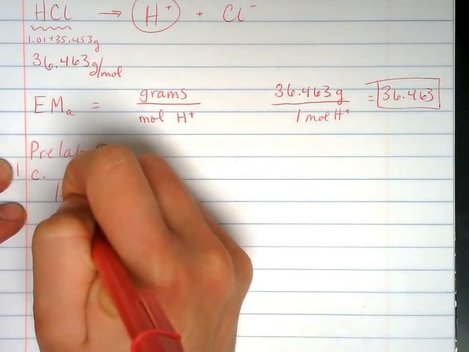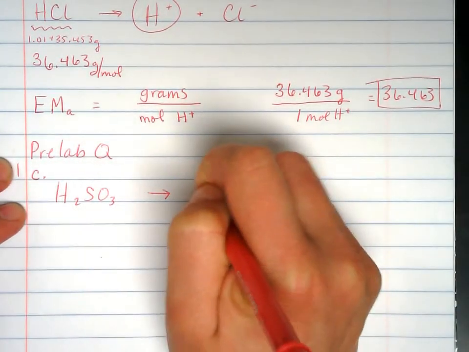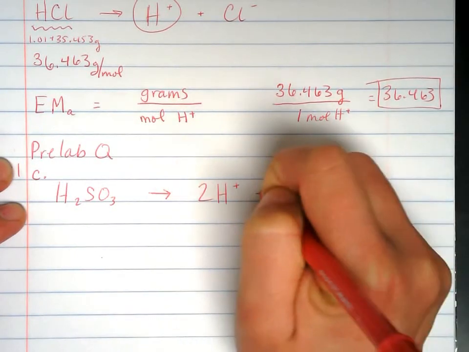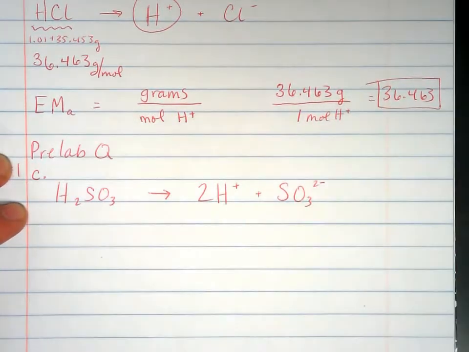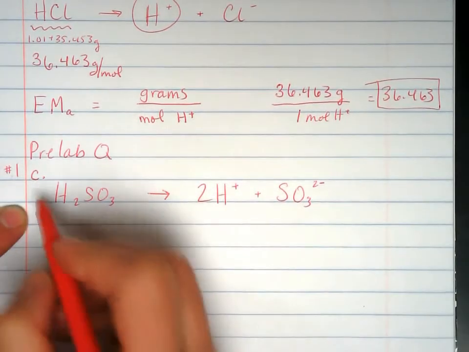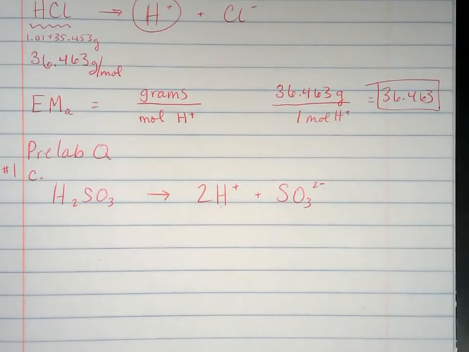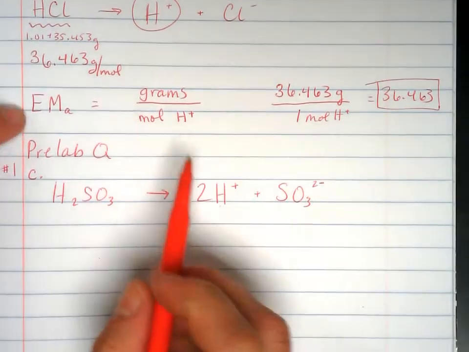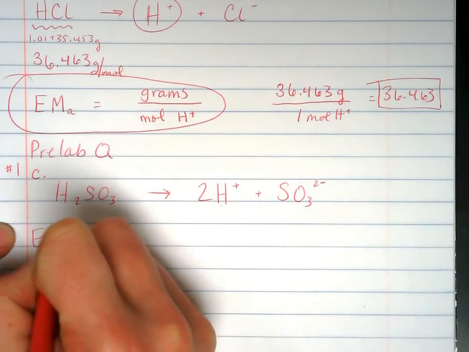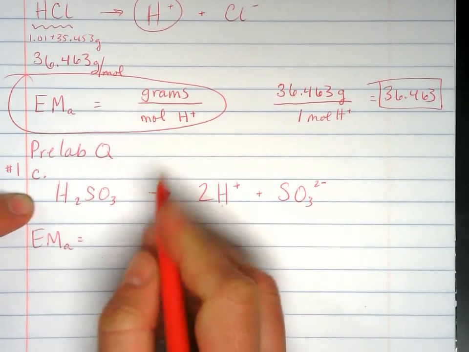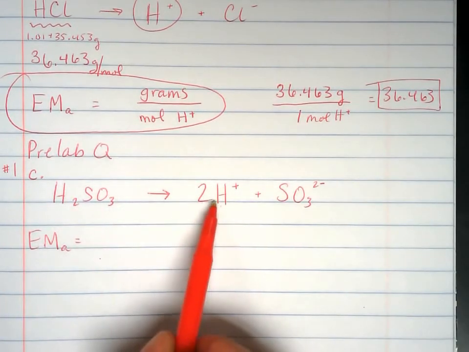So here we have sulfuric acid, H2SO3. And there are actually 2 ionizable protons, and I'm going to be left with SO3 2 minus. And so here I know that for 1 mole of H2SO3, I could get 2 protons off of that. And so we're going to plug that into this equation up here, because I know my equivalent mass is going to equal the grams of acid over however many ionizable protons there are.